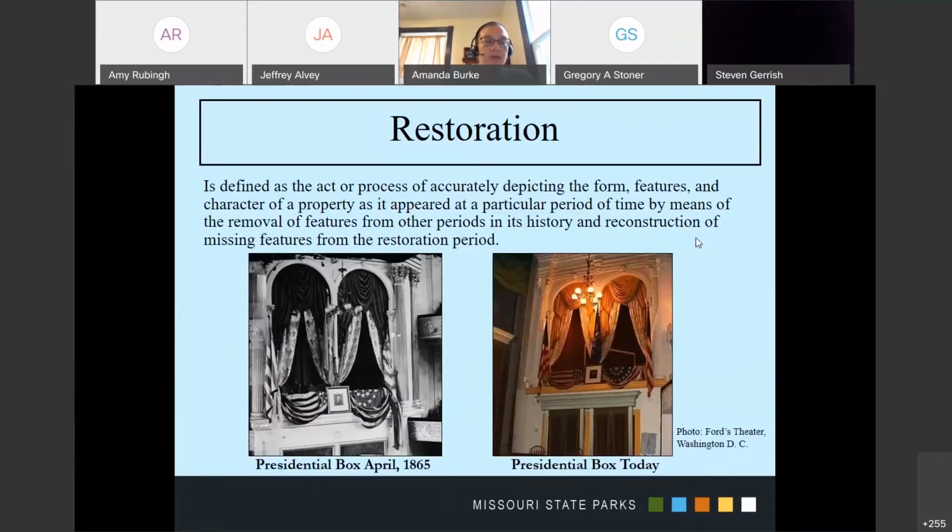The box has been restored to look the same as it did when Lincoln was shot. You don't have to pick one particular period, but you do have to justify your decision for a particular period that you'd like to restore a building to.